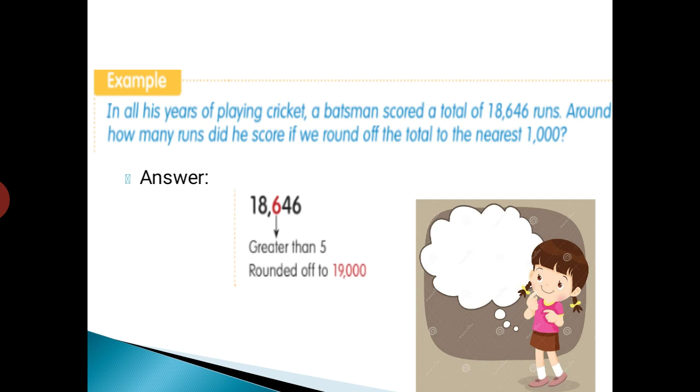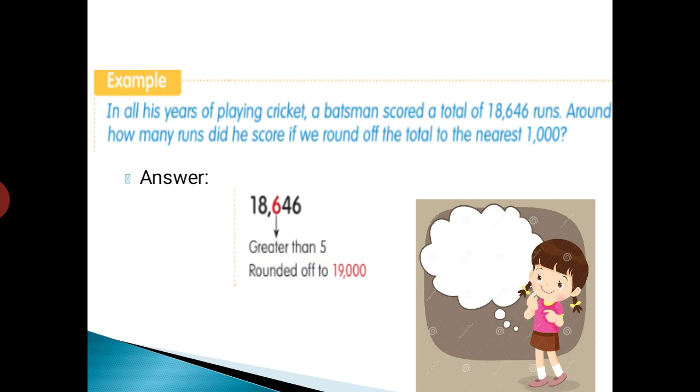Yes. So here, as you can see, we have 18,646. Whenever we need to round off to the nearest thousand, we see the hundreds place. In the hundreds place, we have digit 6 here. And 6 is greater than 5.